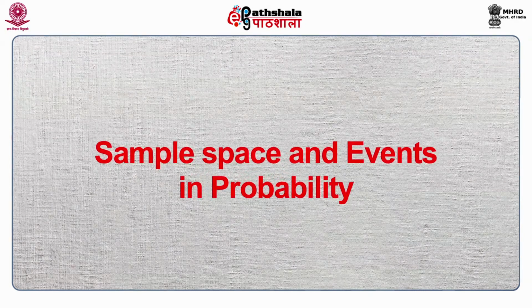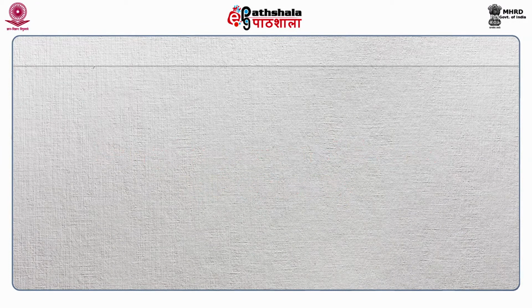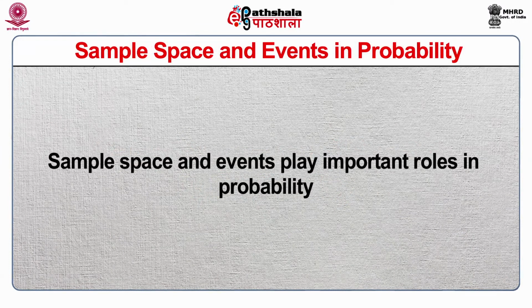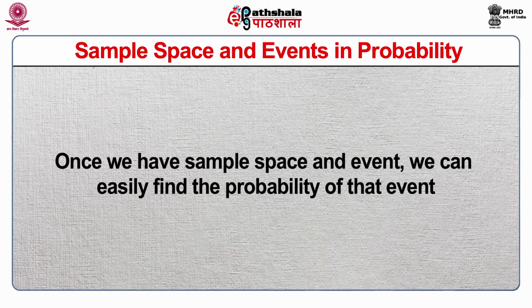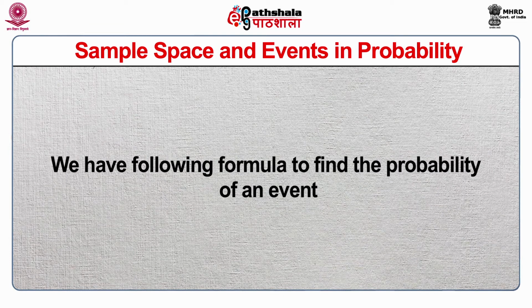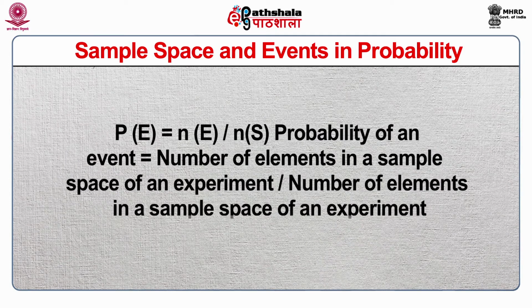Now we have the sample space and events in probability. Sample space and events play important roles in probability. Once we have the sample space and event, we can easily find the probability of that event. We have the following formula to find the probability of an event, that is P(E) is equal to n(E) upon n(S).